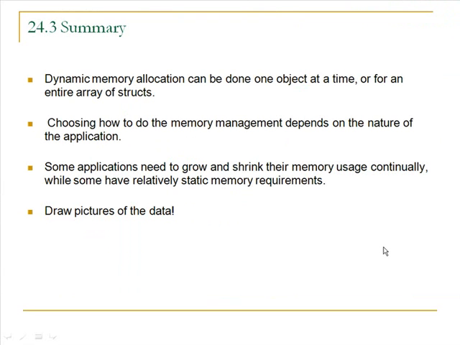Okay, just a short summary here now for dynamically allocating memory off of the heap for one object at a time or for an entire array of objects. And I probably should be calling these objects structs, because this is not object-oriented programming.